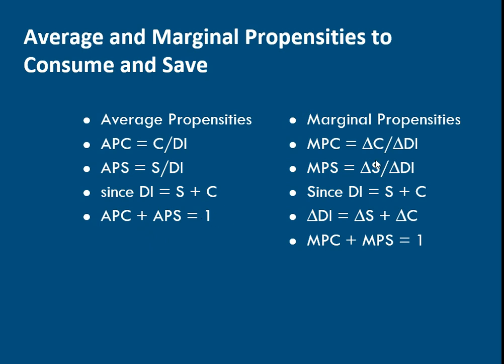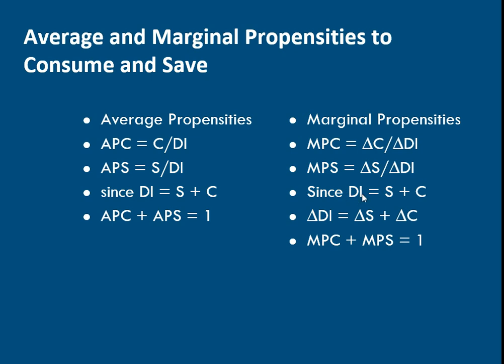which is equal to our total income. And marginal propensity to consume, MPC, where the delta sign shows change, is change in consumption divided by change in disposable income. Similarly, MPS is marginal propensity to save: change in saving divided by change in disposable income, or we can read it as change in saving due to change in disposable income.